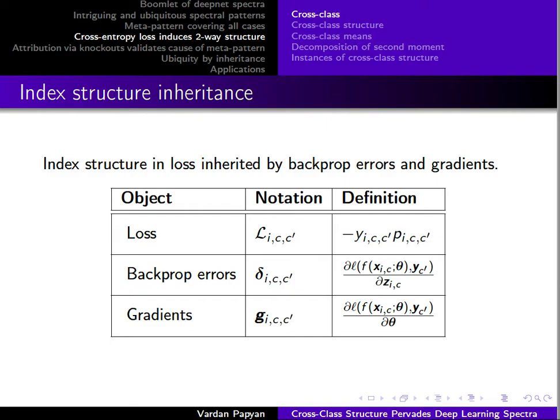So backpropagated errors: imagine you're running the backpropagation algorithm. What is the backpropagation algorithm doing? It's taking the loss at the final layer, and it's computing the derivative of the loss with respect to the different modules in the network. And so you're essentially backpropagating the error to the different modules. And once you have the derivative with respect to a module, you compute the derivative with respect to the parameters using the chain rule, right?